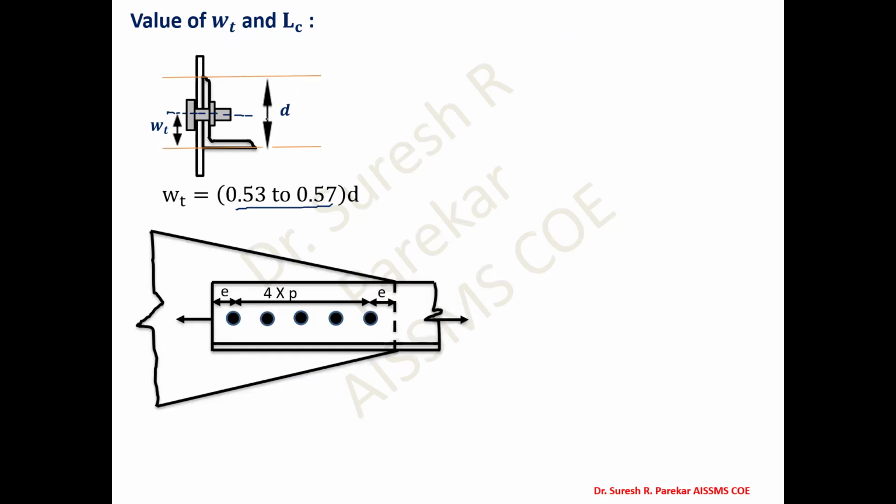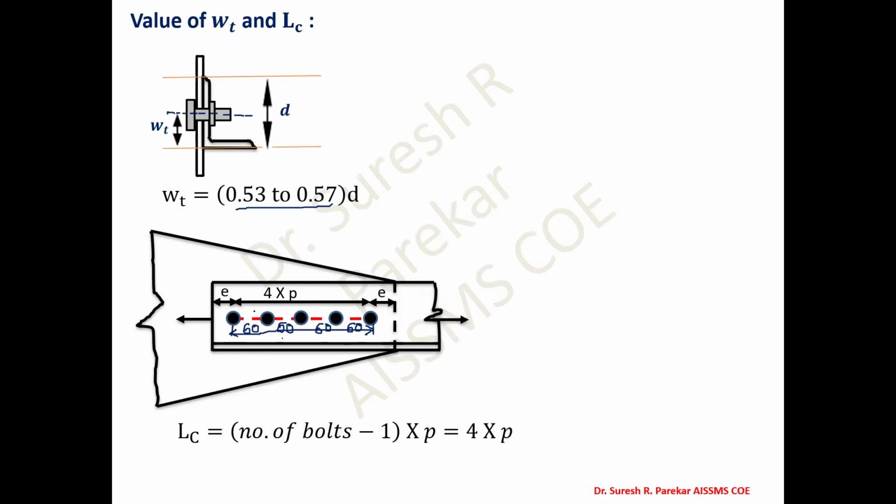Then we have LC. What is LC? LC is equal to length of connection. So it is the center to center distance between end bolts. If you have number of bolts 5, then LC is number of bolts minus 1 into P. Means if we have P 60 over here, then we have 60, 120, 180 and 240.